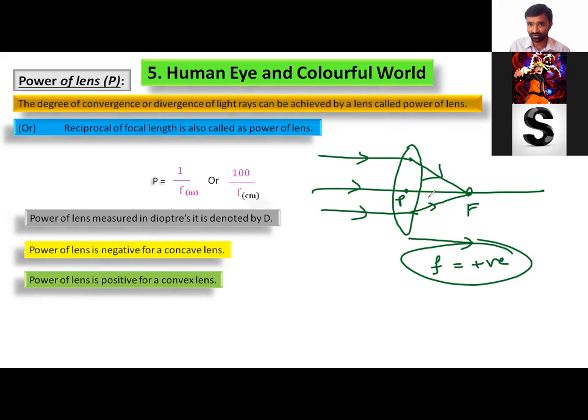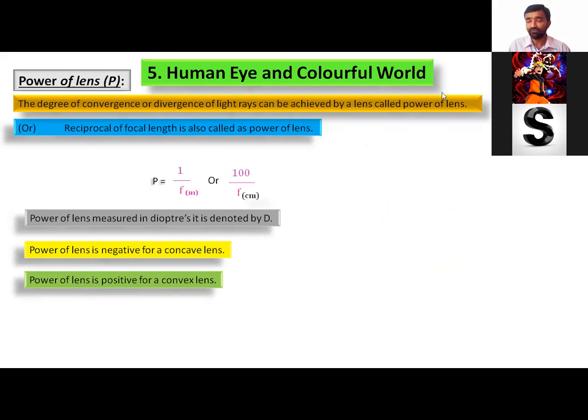Yes. So here simply we are able to identify the defect by knowing the power of the lens. If the power of the lens prescribed by a doctor is positive, what is the lens? Convex lens.